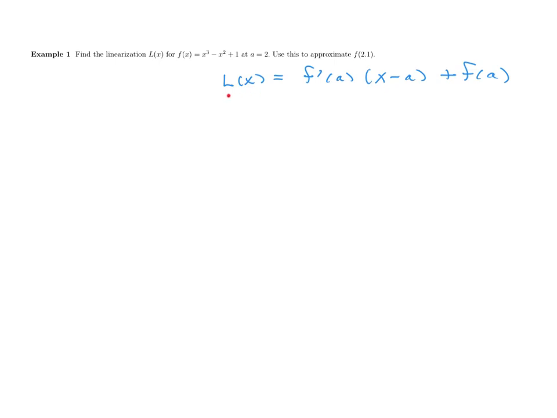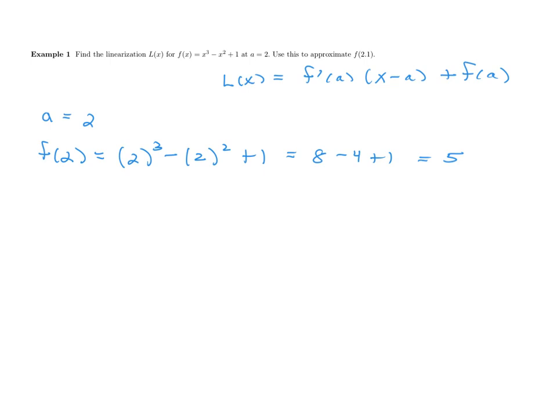Okay, so to find L of x, we know a, we need to find f of a. So let's see, since a is equal to 2, f of 2, which is f of a, is 2 cubed minus 2 squared plus 1, which is 8 minus 4 plus 1, and that is 5.